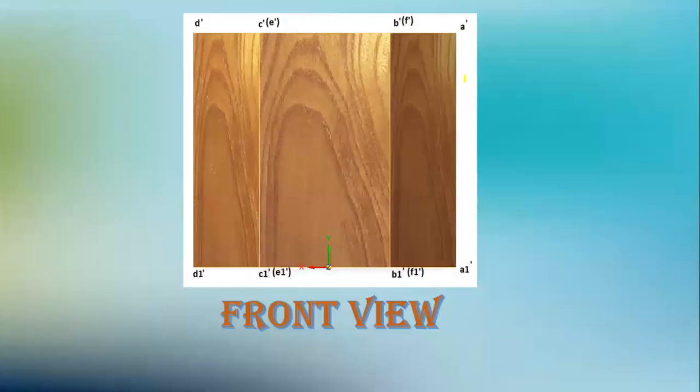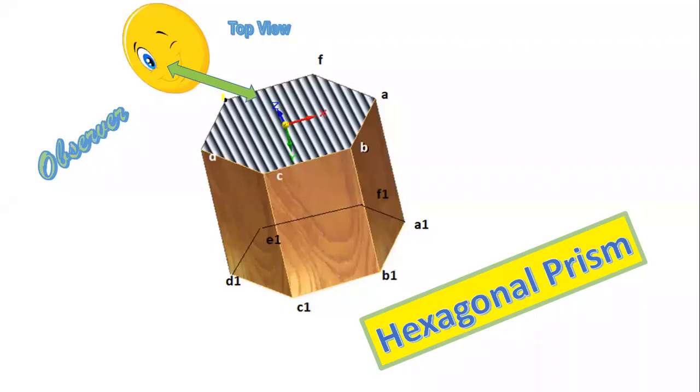Okay, so this is the actual representation of the front view. Whichever is written within the brackets will be hidden to the observer when he is viewing from the front. Okay, so when you want to draw the top view, the observer will be at the top. So he can see the top hexagonal surface, that is A, B, C, D, E and F. The bottom hexagonal surface, that is A1, B1, C1, D1, E1 and F1, will be hidden to the observer.